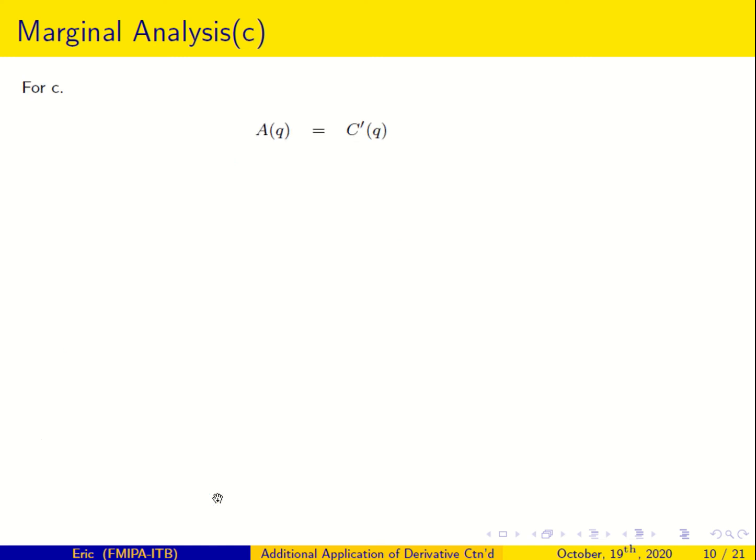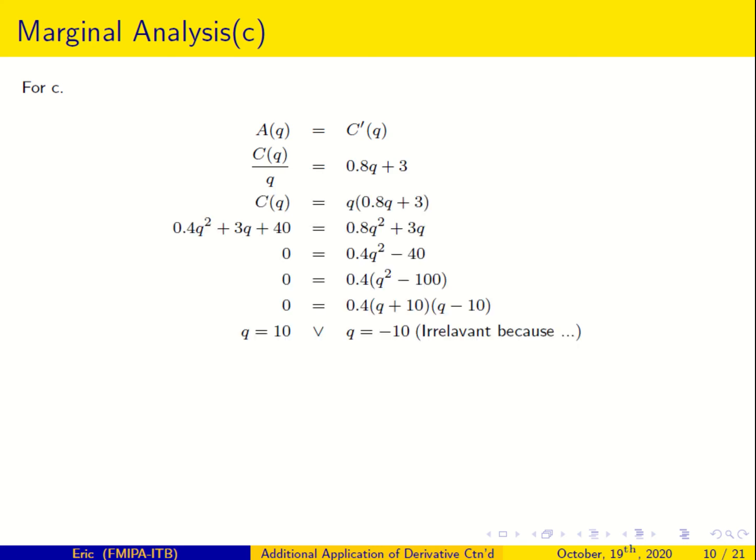Last one, we look at when I want to find Q such that the average cost equals the marginal cost. So I can just plug in here. And this is this, and you can move to the right hand side and you have this one.